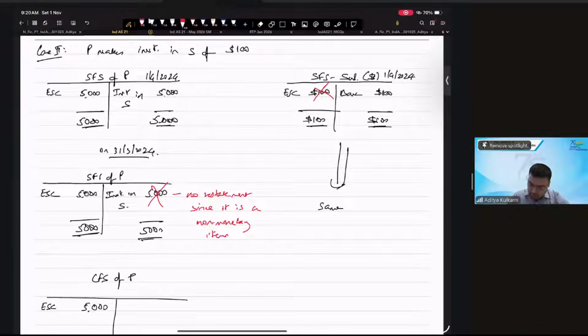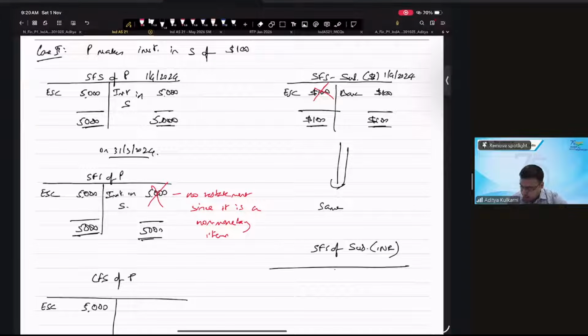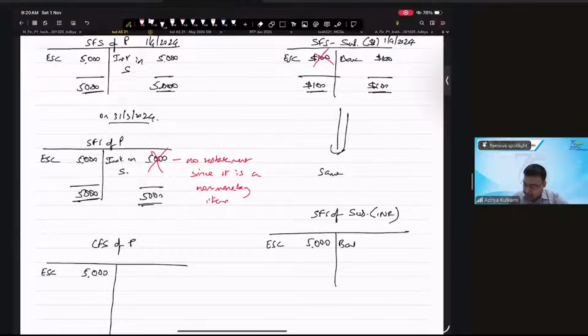But now just see the standalone financial statements of subsidiary. This, if I convert it into INR, equity share capital, I will convert on the date of acquisition, so 5,000. Bank, I will convert using closing rate. Closing rate was 60 rupees into 100. So bank balance will be 6,000.